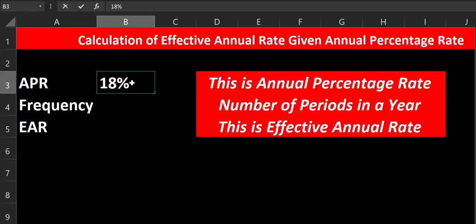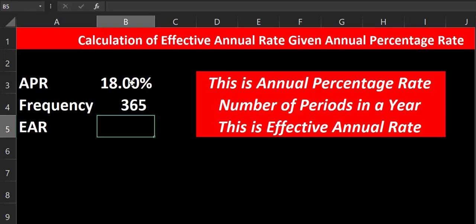Note that I have already formatted this cell to be in percent format, so I don't have to worry about the decimal representation. And your credit card company tells you that interest is compounded daily. Well, that means every day, 365 days a year, interest is going to be calculated on the remaining balance.